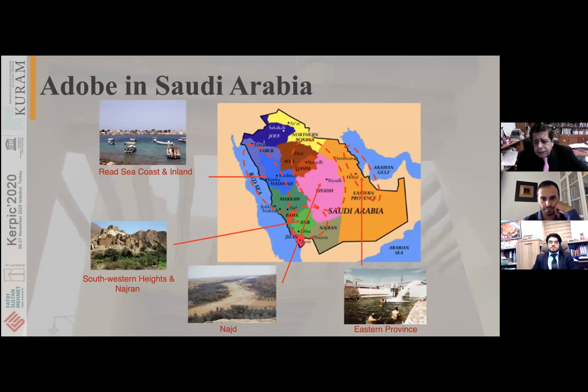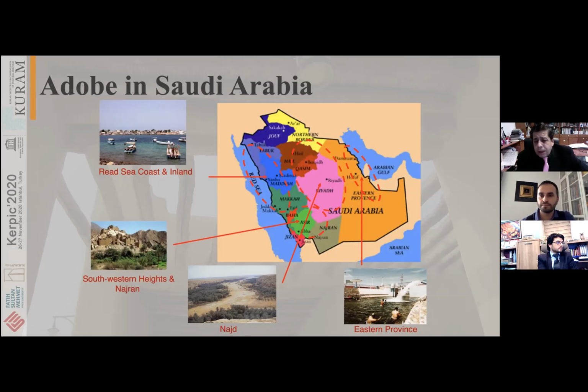Saudi Arabia consists of 4 regions that have different environments, which have influence on the formation of architecture and also on the material used. We have the Red Sea coast, which is called Hijaz, which is a coastal area, and it has its own architecture.